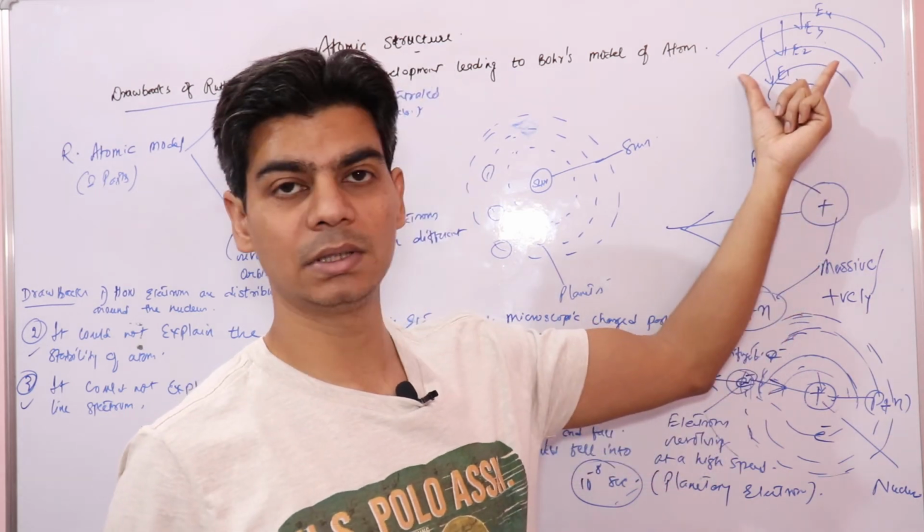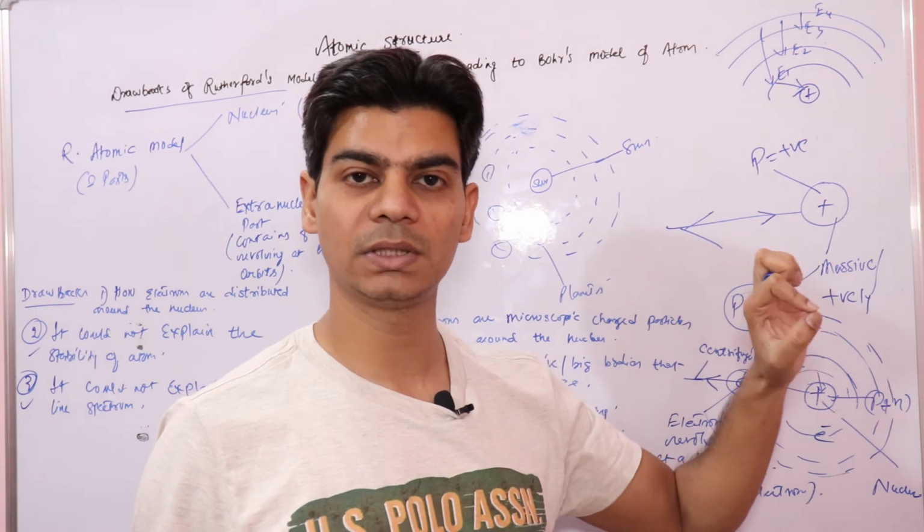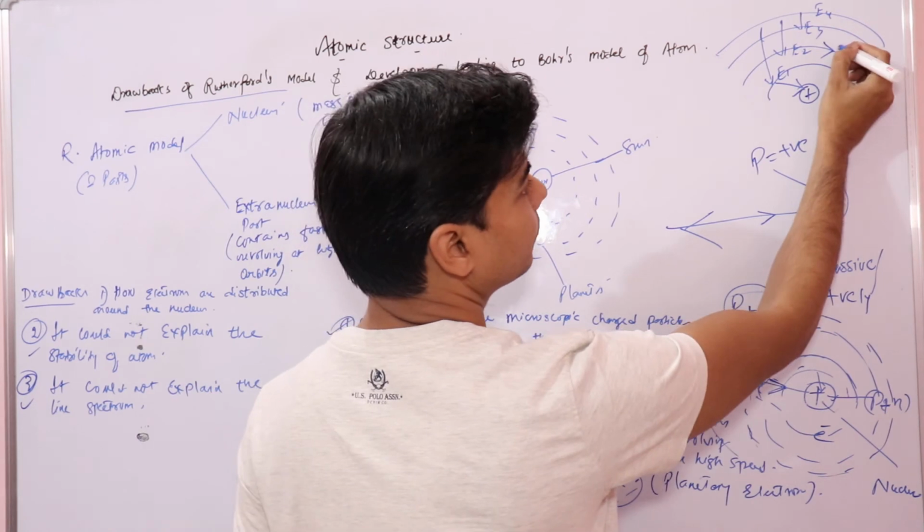Stationary with respect to energy, not with respect to electrons. Electrons are revolving in these stationary orbits.